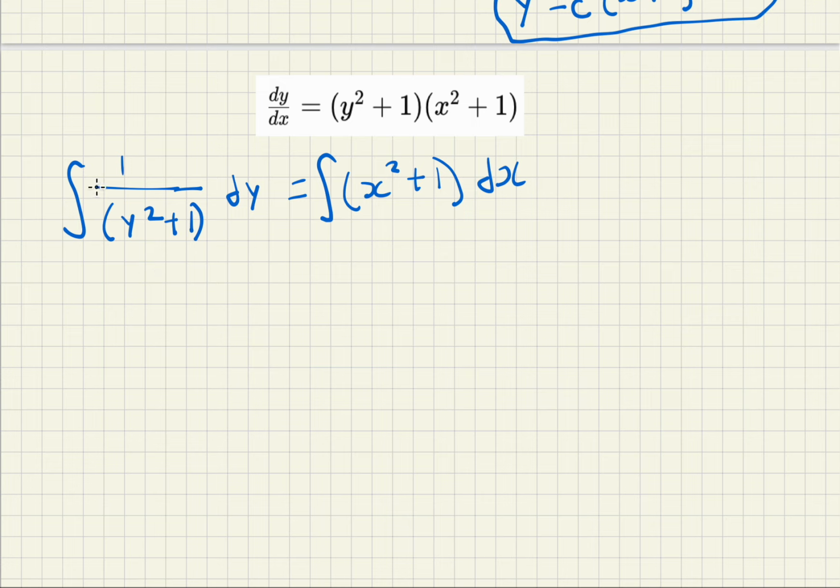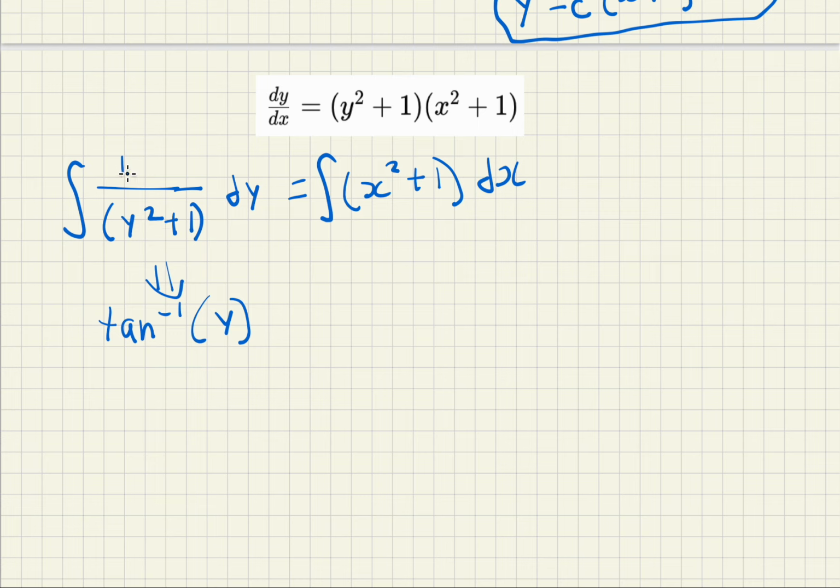That would take time to understand, but the main point is there are certain trig identities you need to understand. 1 over y squared plus 1 is the tangent inverse identity, so this would be equal to tangent inverse of y.